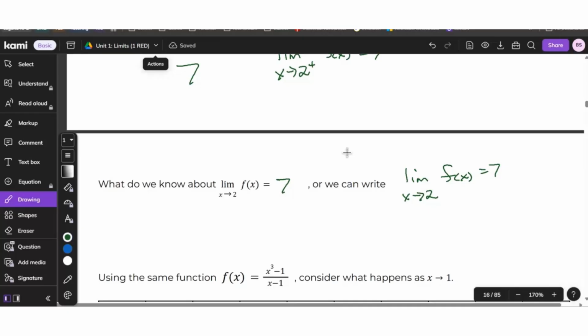You know what? Let's just go super simple and say we know that the left side equals the right side. Therefore, the limit as x approaches 2 of f of x equals 7. I don't remember if that's what I wanted you to write, but I like it.